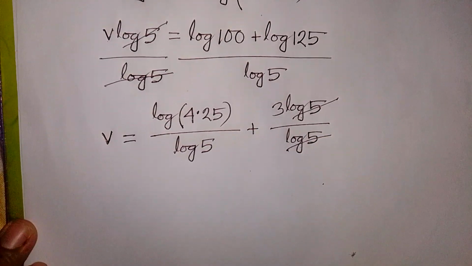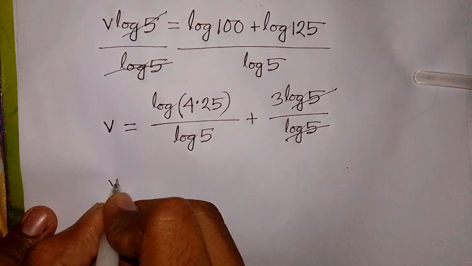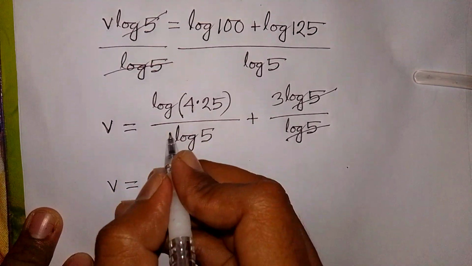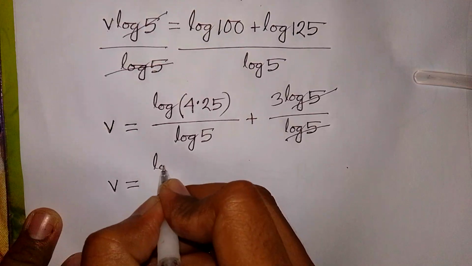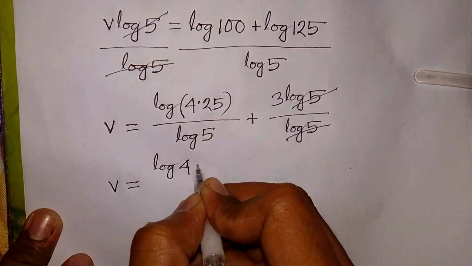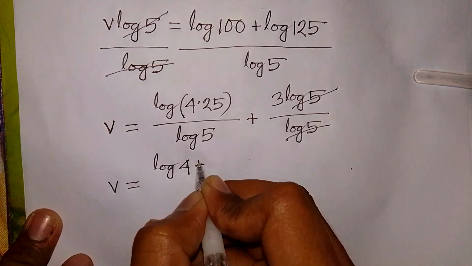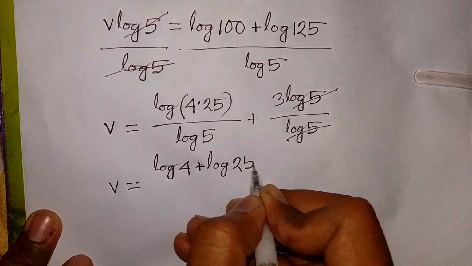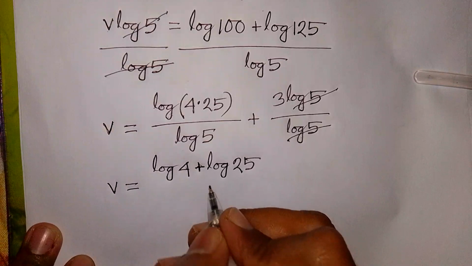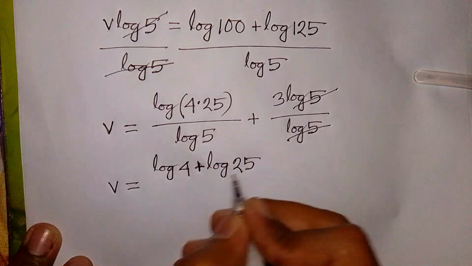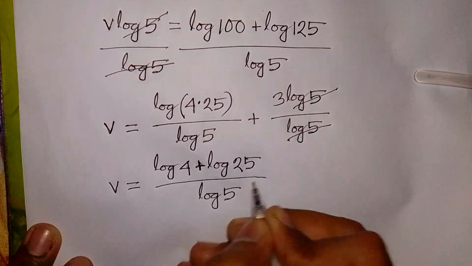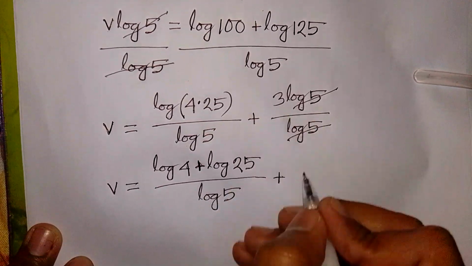Now v will be equal to log of 4 times 25, which is the same as log 4 plus log 25, then over log 5. Then here plus 3.